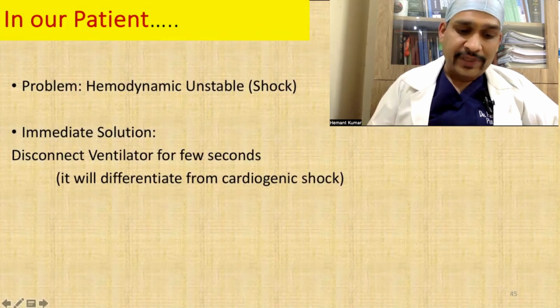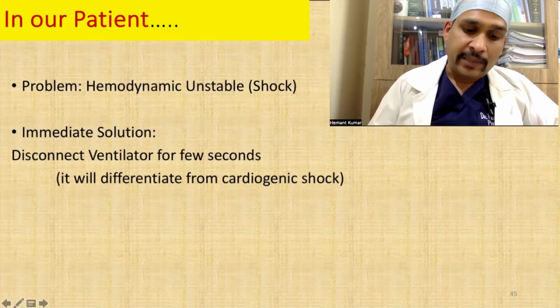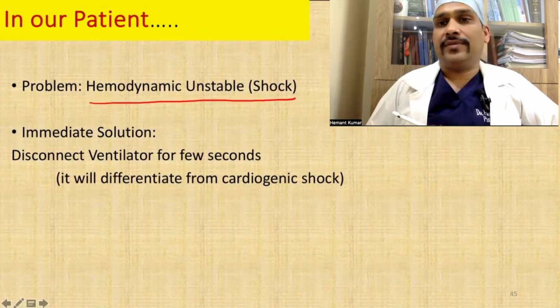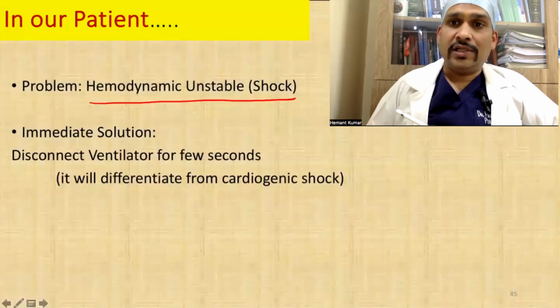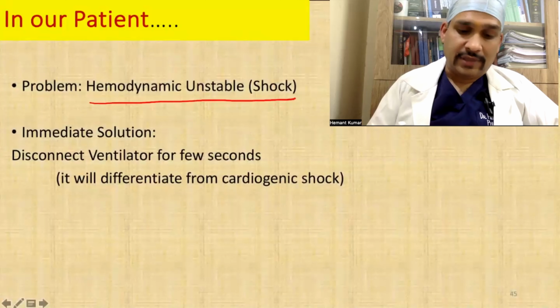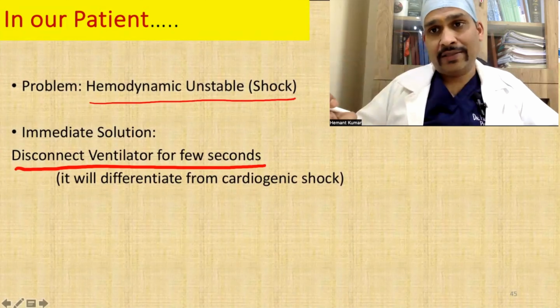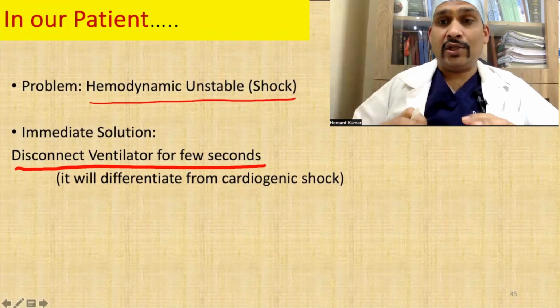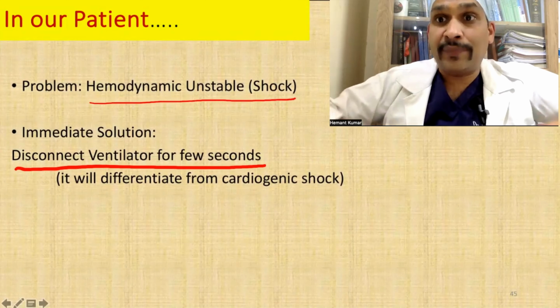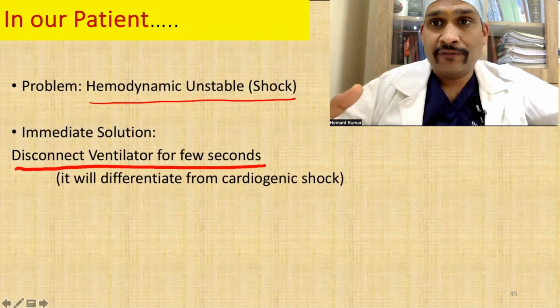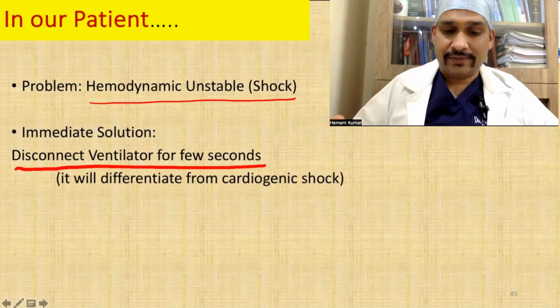So in our patient, the problem was hemodynamic instability, meaning the patient was in shock. So what is the immediate solution? The immediate solution is to just disconnect the ventilator for a few seconds. By disconnecting, you will feel a gush of air coming out from the lungs.